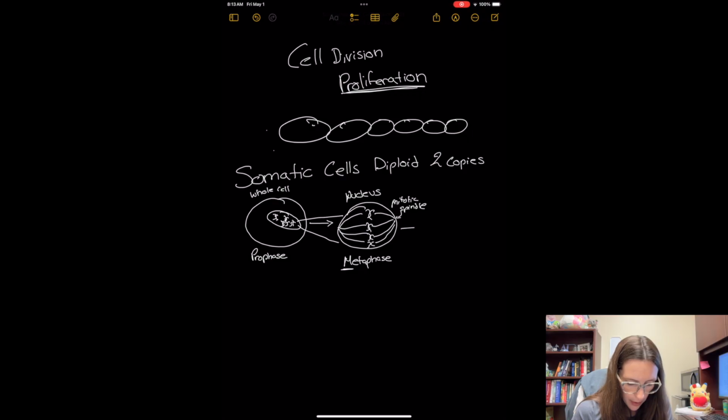Now we're going to the next phase where we'll be back at the whole cell level, where the 2 parts are being pulled apart. Right? So now we can have 1 copy on each side. We refer to this phase as anaphase. And what's being separated are these sister chromatids.